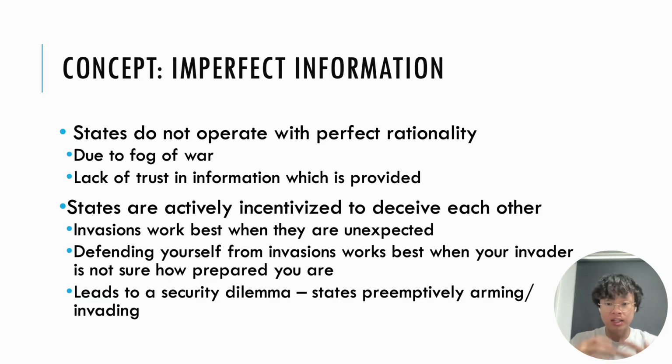There are incentives for these other states to deceive me, and this also is just due to inherent fog of war, meaning that in times of war you just don't know about other states' military capabilities, and you always have imperfect information there. So, as I mentioned in the slide, states' invasions work best when they're unexpected. Somewhat obviously.